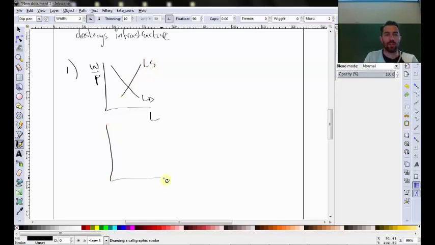And we have our production function underneath. We have some equilibrium quantity of labor. So plotting labor against output, we have some level of output. So if we call this L0, and we call this Y0.